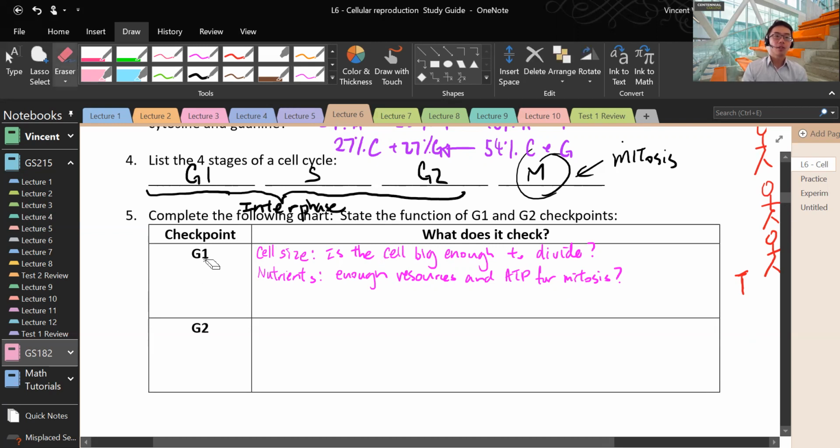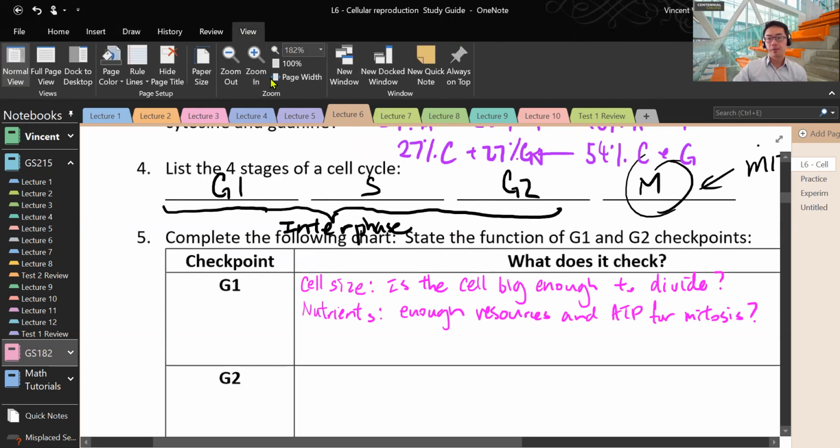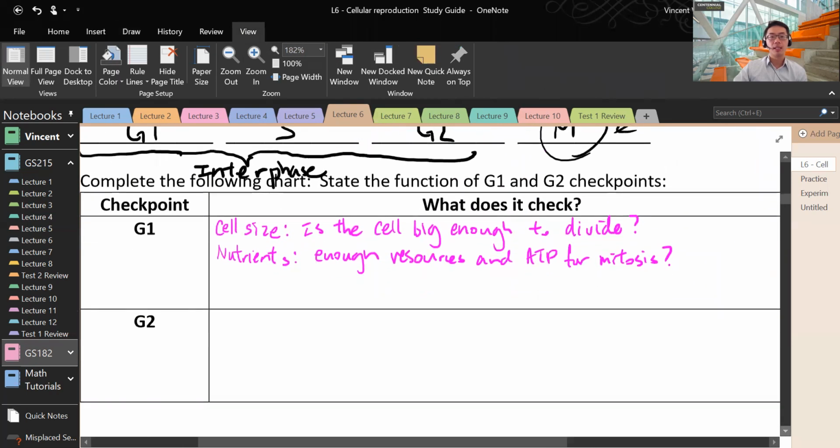Okay. What else are we going to be checking in G1? Anybody want to help me out here? What else should we check in G1 before we proceed to DNA replication?